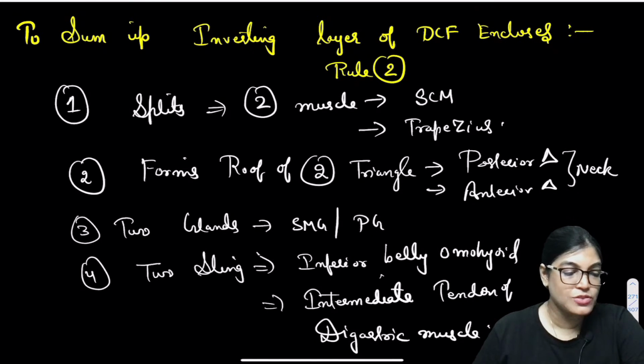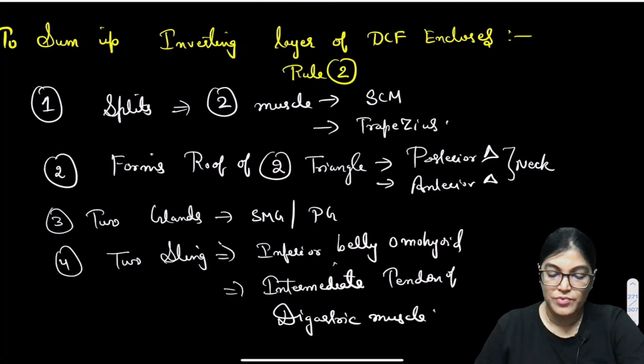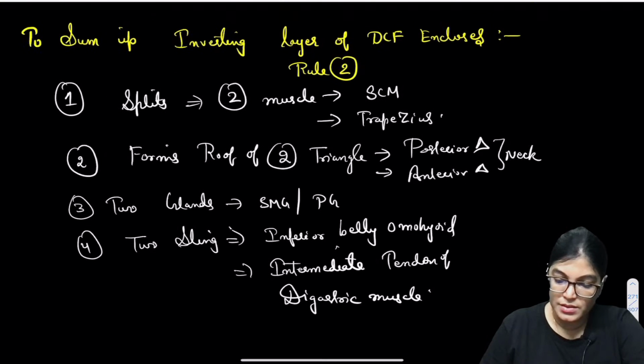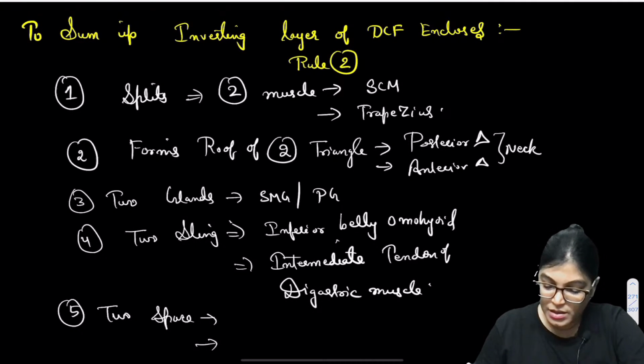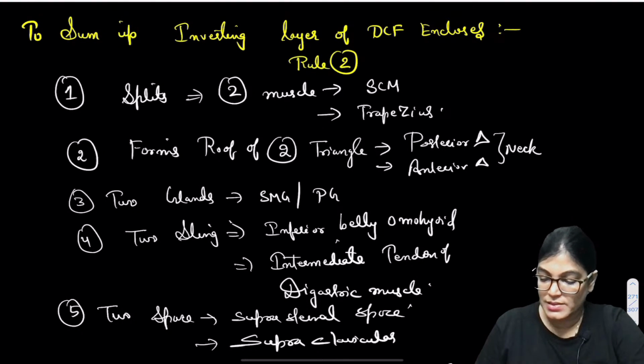It also gives rise to two spaces. So, it encloses two spaces. What are the two spaces enclosed by it? One is the suprasternal space of Burns and the other is the supraclavicular space.